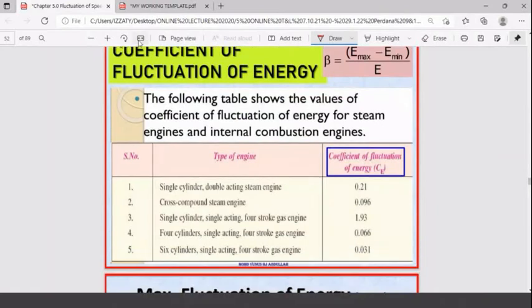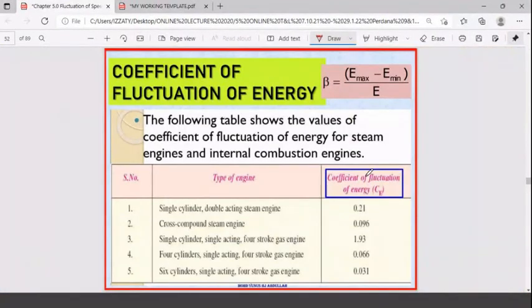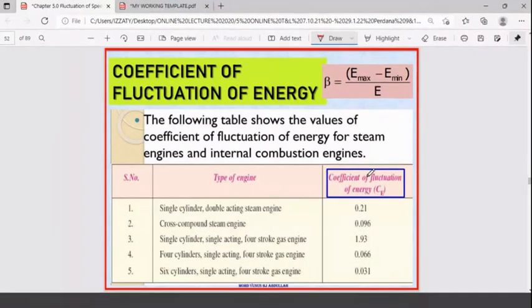This one I also provide you, alhamdulillah, all the examples, typically coming from the coefficient of fluctuation of energy. Remember just now, coefficient of fluctuation of energy here. So you have this one, beta just now.